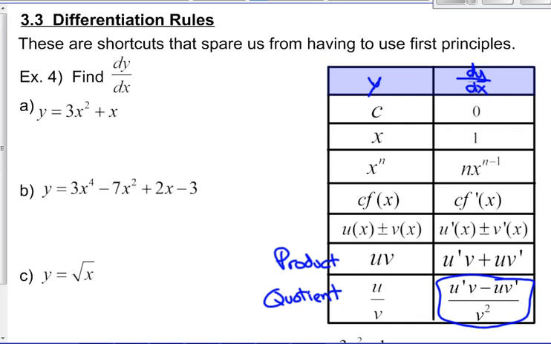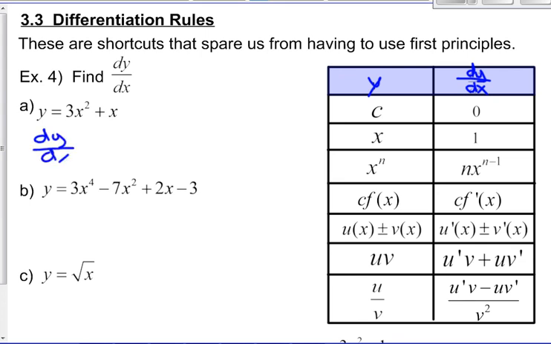Okay, let's put these to use. So we want to find dy by dx if y is 3x squared plus x. So the constant multiple rule would say, I can still call this 3. The x squared is going to turn into 2. The 2 comes down front. And the power goes down by 1.